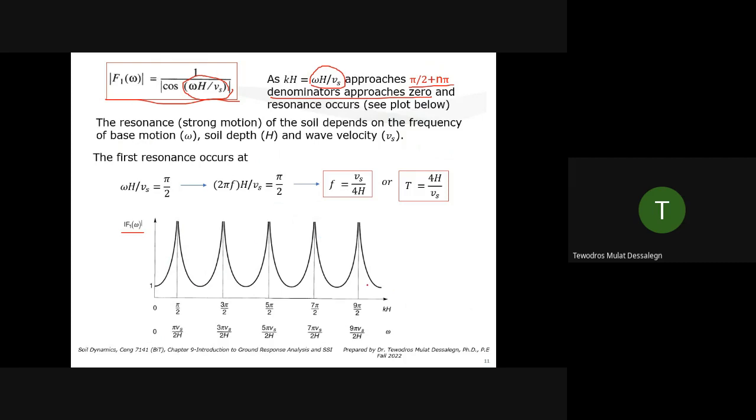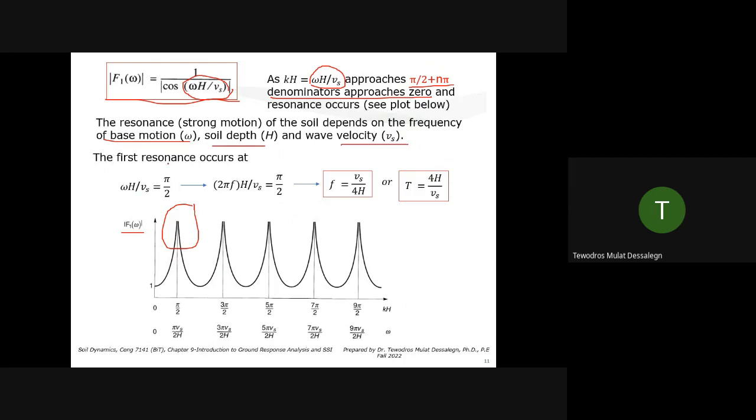So we are having so many resonant points, so many modes. We know that in the theory of vibration, we looked at least one point. But for soil and structures, you'll have so many resonance points where the amplitude tries to be infinity. The resonant strong motion of the soil depends on the frequency of base motion, depth, and wave velocity, right? These parameters.